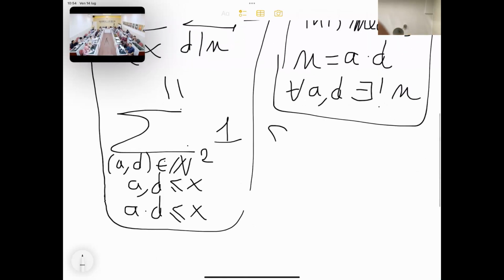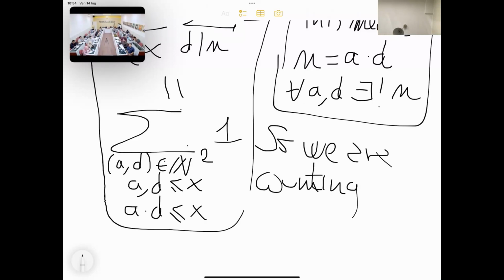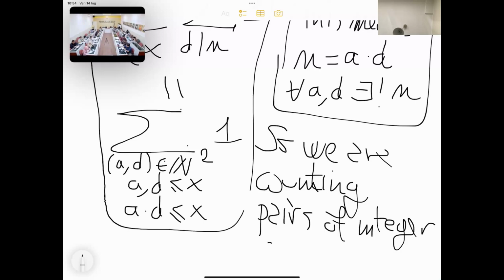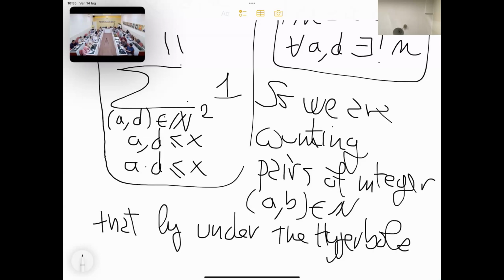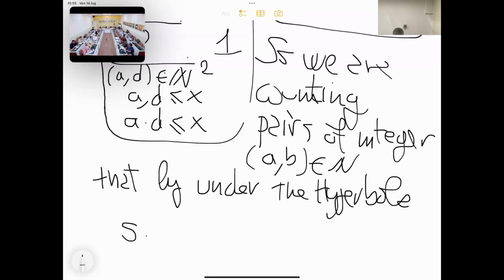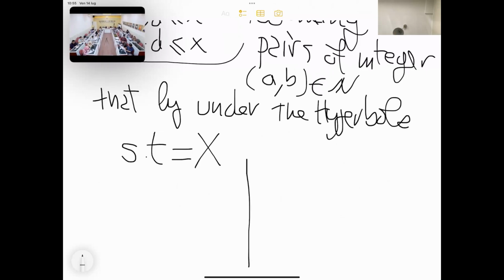So we are counting simply pairs of integers A, B that lie under the hyperbola S times T equal to capital X. So I can make a drawing here.